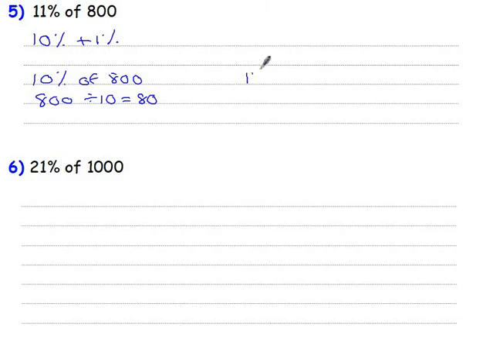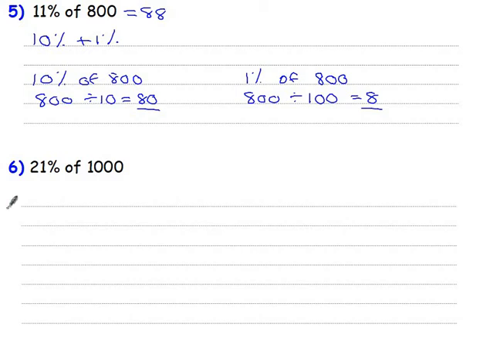And to find 1% of 800, so that would be 800 divided by 100, which is 8. So 10% is 80, 1% is 8, 11% is 10% and 1%, so 80 add 8 is 88.